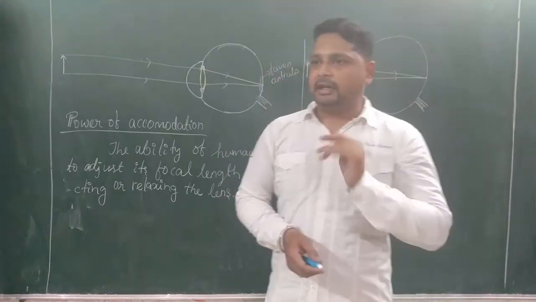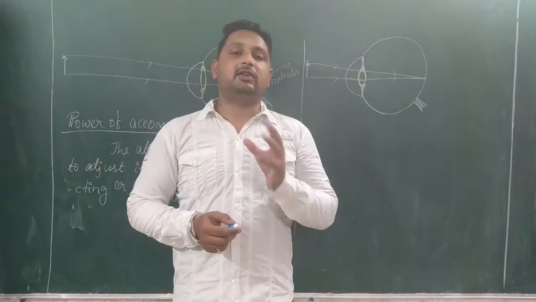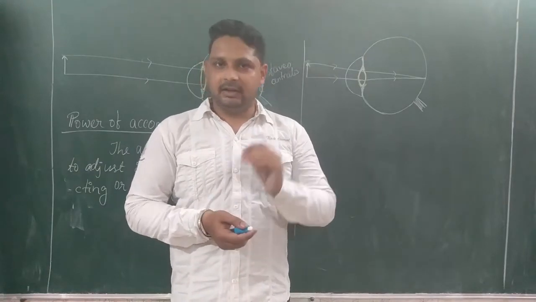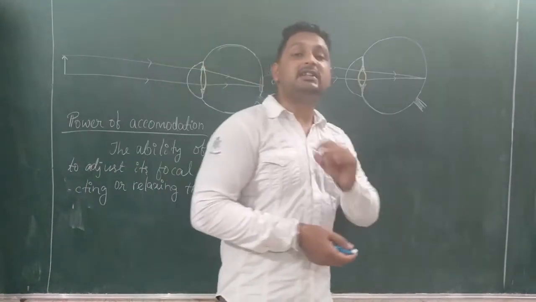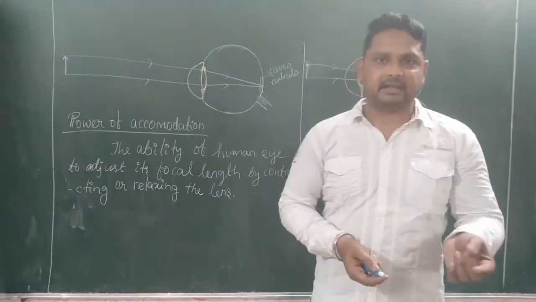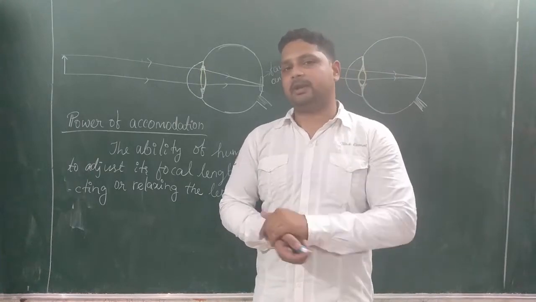Understood? Now, if you recall the image formation in a convex lens, you might remember the last special case, when the object was between the focus and the optical center.